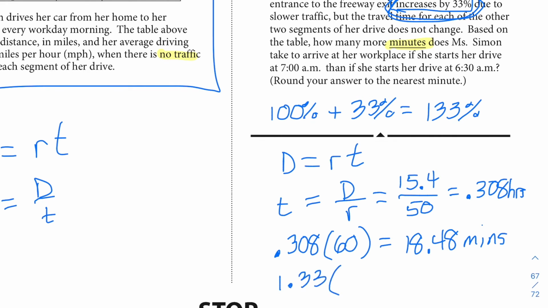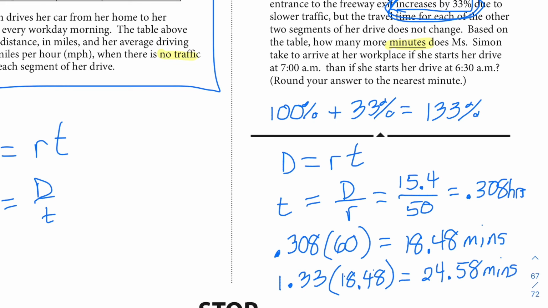If you have questions on that, please check out one of our other videos about percent change, because that's a really important shortcut to percent change to allow you to calculate that new value. And so here the new value of minutes would be 18.48 times 1.33. And let's see what we get when we do that calculation. And that comes out to 24.578, or 24.58 if we round it.